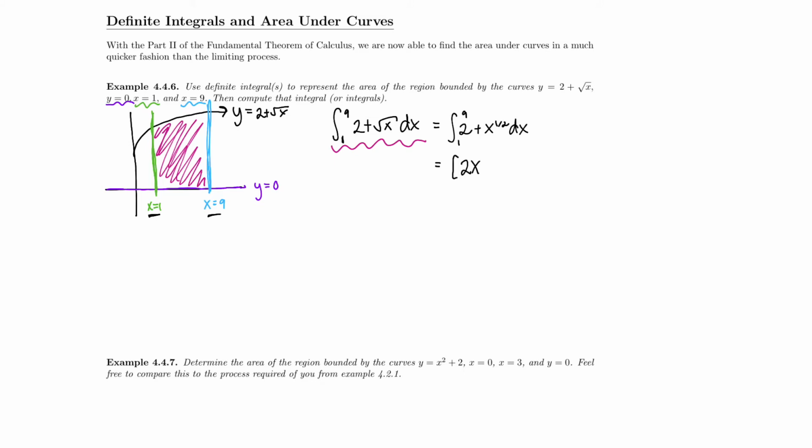So integrating it, you'd have 2x plus 2/3 x to the 3/2, evaluated from 1 to 9. Plugging in 9, we have 2 times 9 plus 2/3 times 9 to the 3/2, minus plugging in 1: 2 times 1 plus 2/3 times 1 to the 3/2.